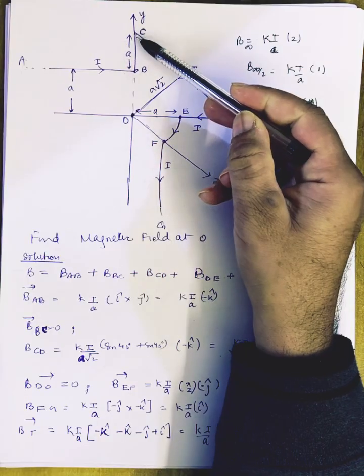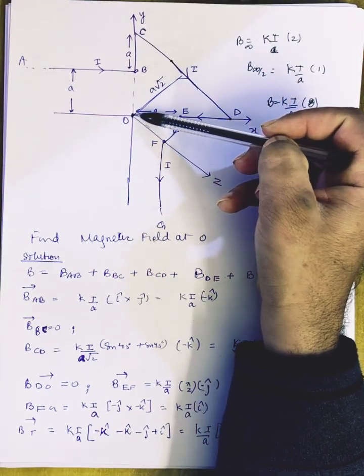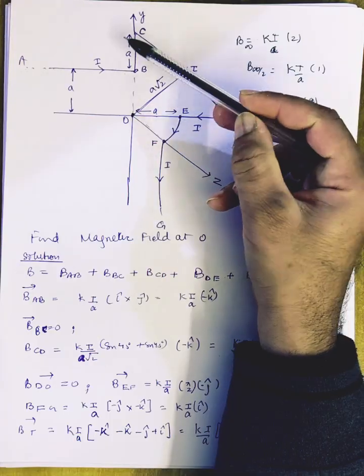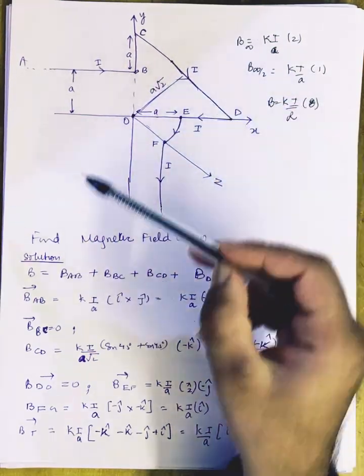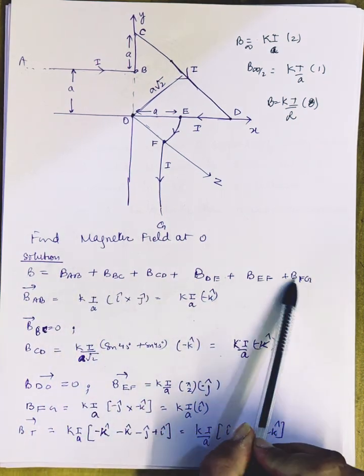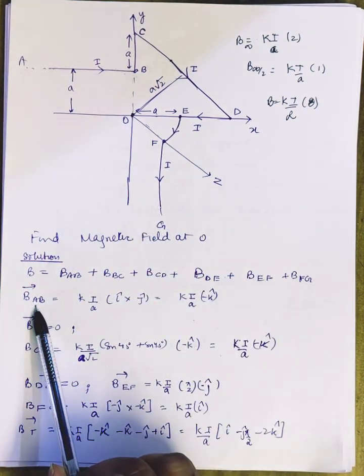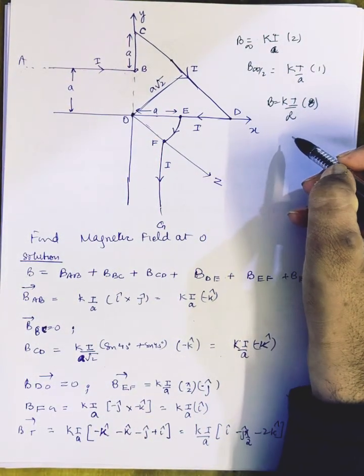Also, if the wire is passing through the point itself, then there will be no magnetic field due to that wire. Now I have broken it into parts like this: wire AB, I am finding for that. All the wires contribute to the magnetic field at point O. Let's go for AB. One more thing I want to tell you is about direction.